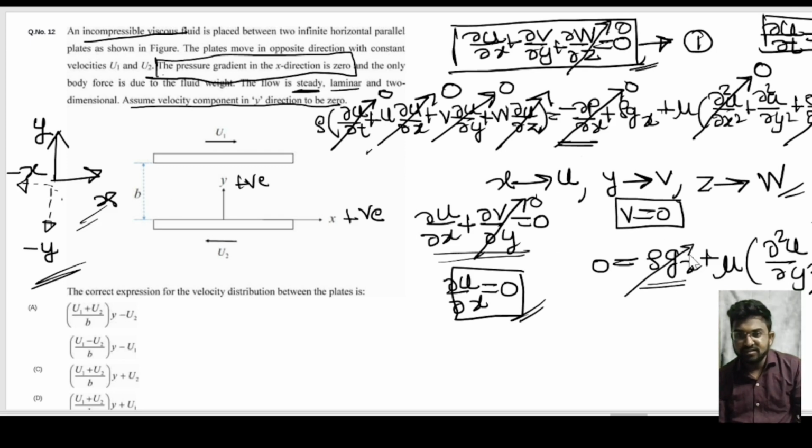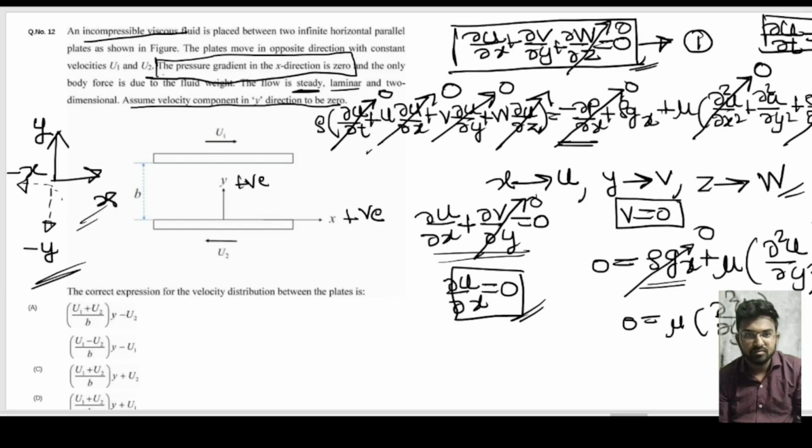So you are left with 0 equal to mu del square u by del y square. This will be your equation.